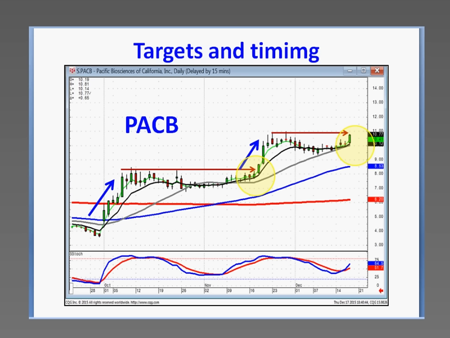If you want to scan for the biggies, like the Netflix, the Amazons, Apples, you can just scan for that universe. But it takes me less than 5 minutes each day. All you have to do is refresh all your scans, and with all the formulas set up, they'll bring up the charts that look the best.